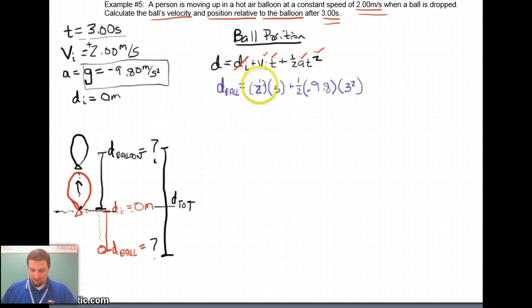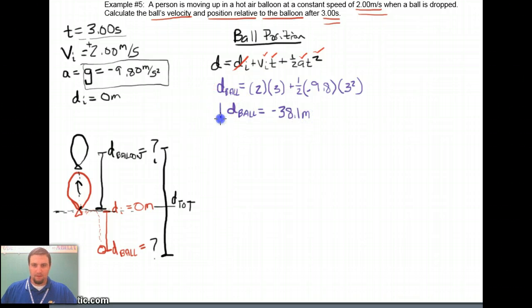Okay. So what we're going to be doing is we'll calculate this. We're squaring this. This will be 9 actually. 9 times negative 9.8 divided by 2 plus 6. You end up with a final position of the ball of negative 38.1 meters.